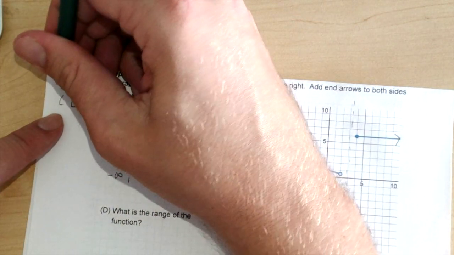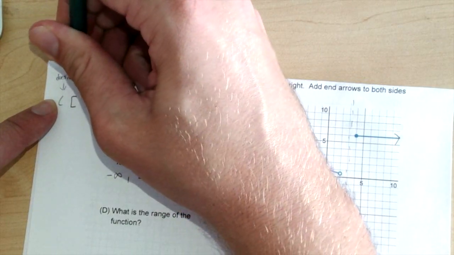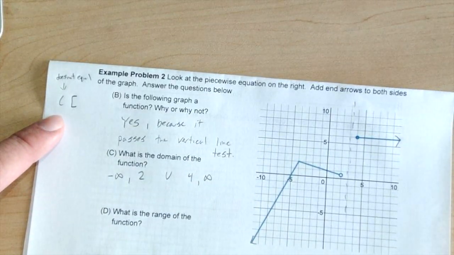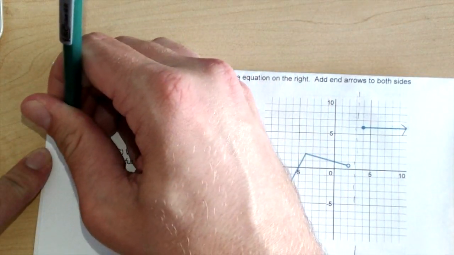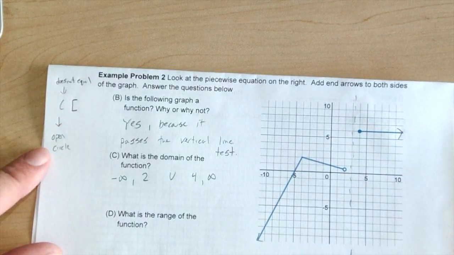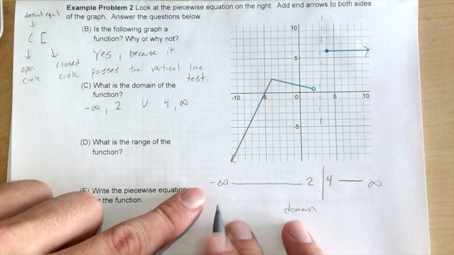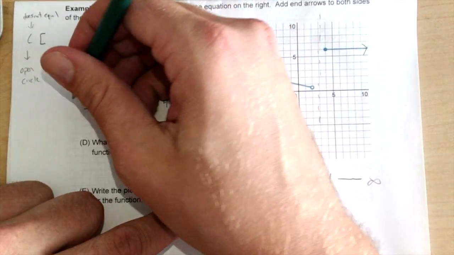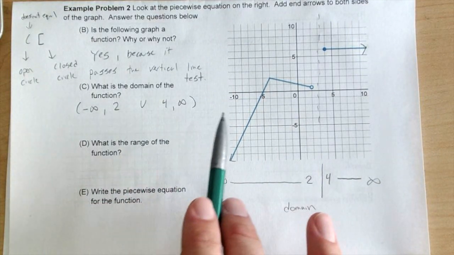And we know the soft bracket does not equal. Soft bracket is the same thing as open circle, and hard bracket is the same thing as closed circle. So here, remember that you can never actually get to negative infinity. So think that anytime you have a negative infinity or infinity sign, it's going to be a open circle.